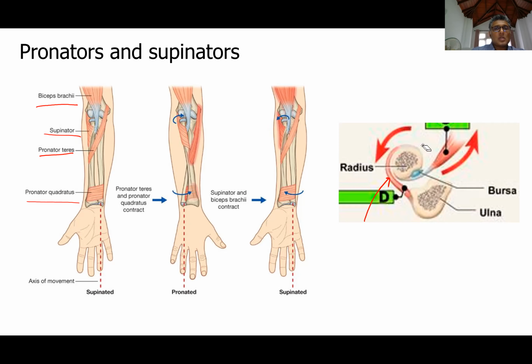Then when it comes to nerve supply, the pronators are supplied by C7 and C8. The supinators, the biceps and supinator, are supplied by the C6 segment. So when you get upper root brachial plexus injuries, where C5 and C6 are damaged, supination is affected, not pronation.